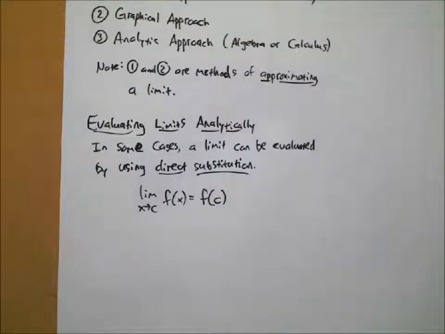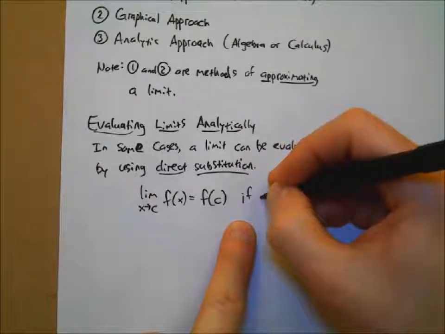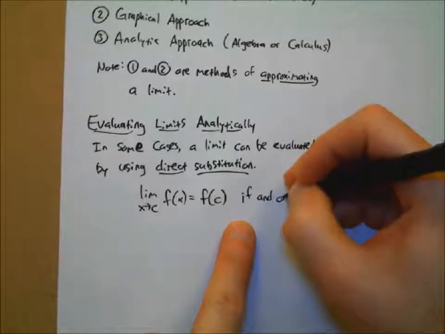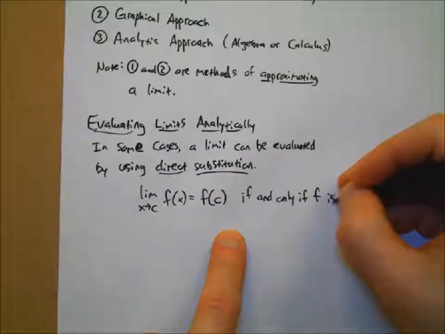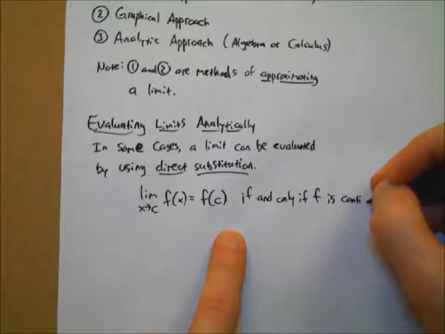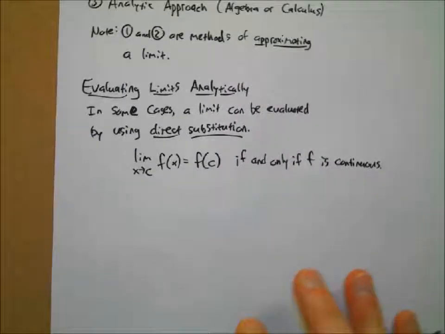And you might say, Mr. Witt, that looks exactly like a function evaluation. And it's close to it, yes. But this is only true if and only if f is continuous. If your function is discontinuous, this might not hold.